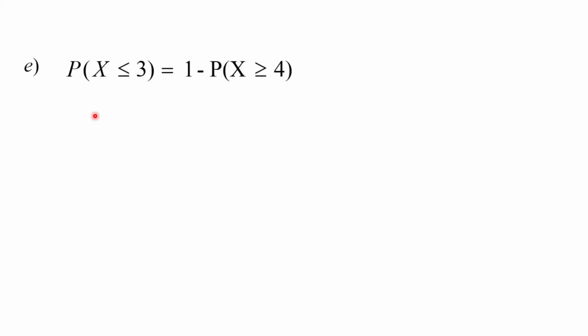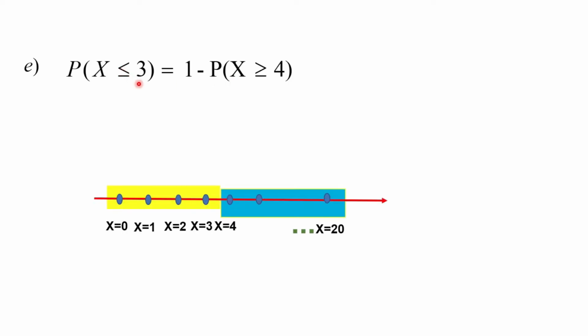Now I'll continue. E, find the probability x less than or equal to 3. So the formula is given as 1 minus probability x more than or equal to 4, because 3 is included here. By using the diagram, you can see that probability x less than or equal to 3 is given as the yellow rectangle here, starting from 0, 1, 2 and 3.